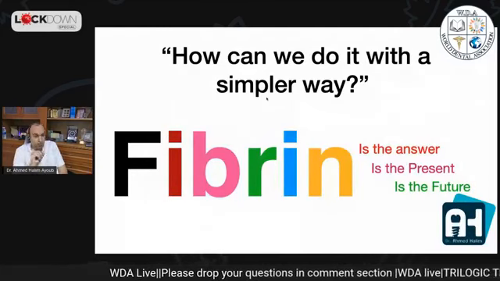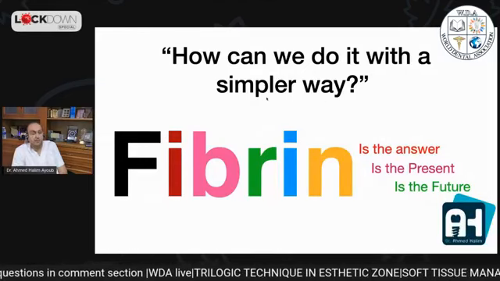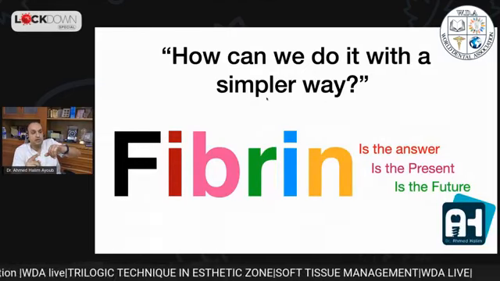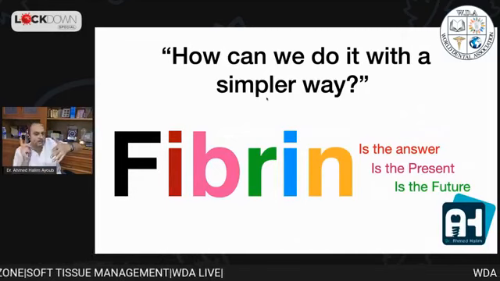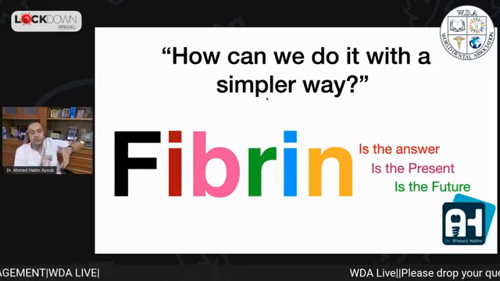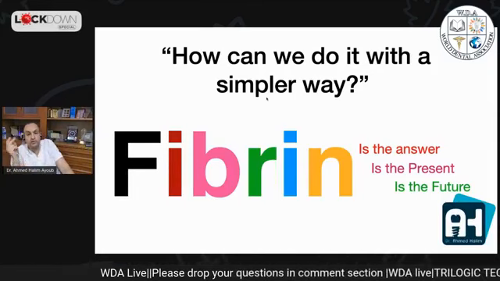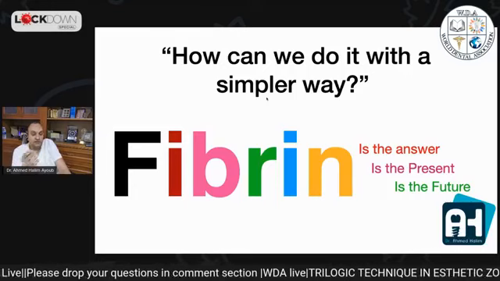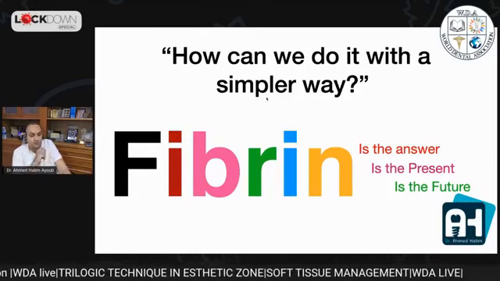When I'm talking about fibrin, I'm talking about a lot of products. Of course, you know about PRF, I-PRF, A-PRF, CGF, PRGF, a lot of products, sticky bone. All of them we can call simply fibrin, or platelet concentrates.